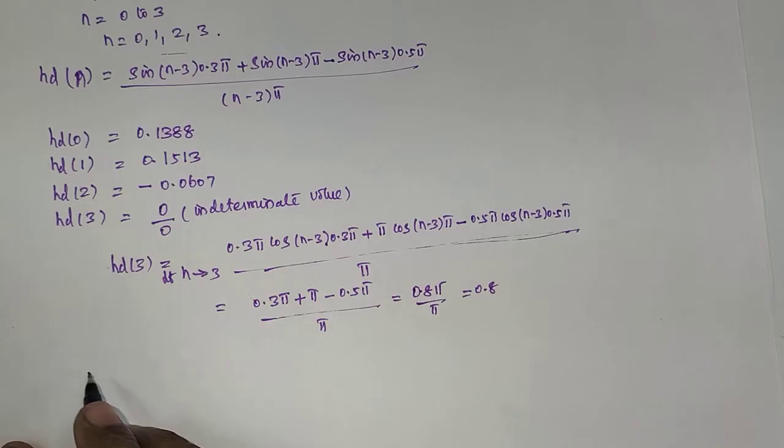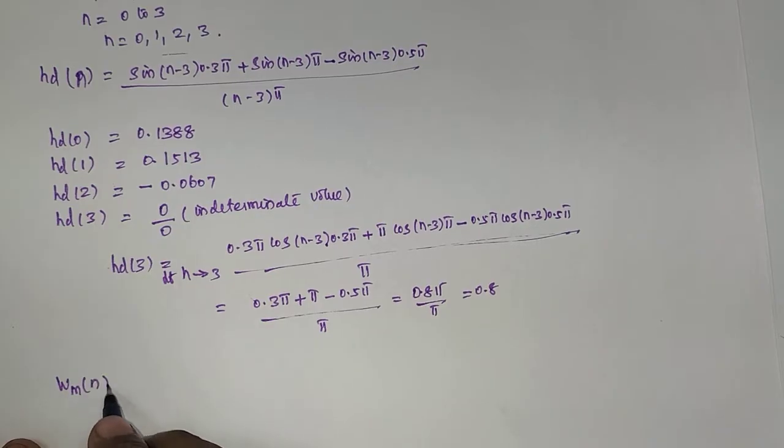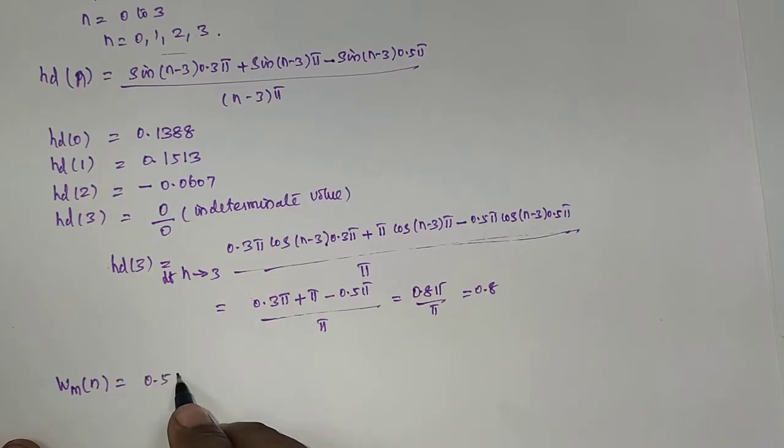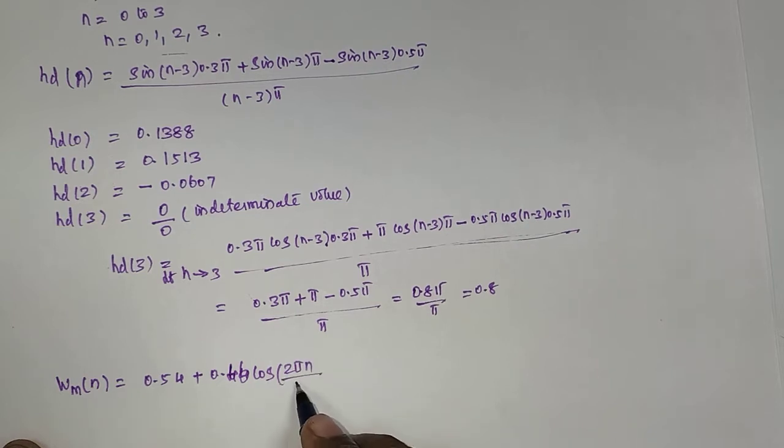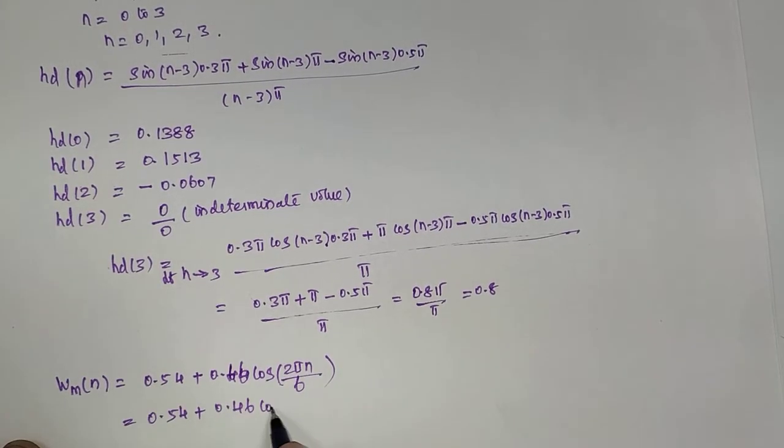Next, you have to find the window function. That is, the window function is the Hamming window. That is, Wm of n is equal to 0.54 plus 0.46 into cos(2 pi n divided by (N minus 1)), that is 6, which is equal to 0.54 plus 0.46 into cos(pi n by 3).